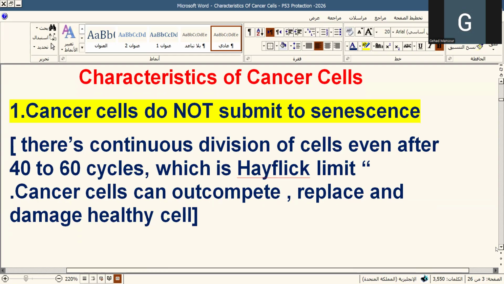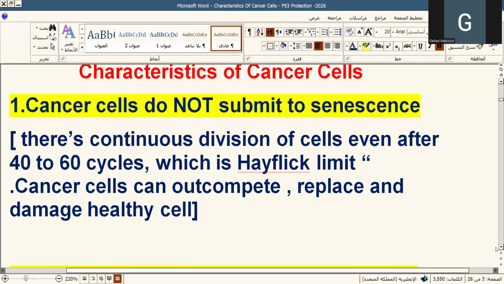So the ordinary cells have an aging process. After 40 cycles of mitosis, for example, the cell will say, I can no more divide. If I divide more than this, I'll have mutant DNA and I'll damage the whole body, and it calls for apoptosis or self-suicide. You can check the video on apoptosis to understand this.